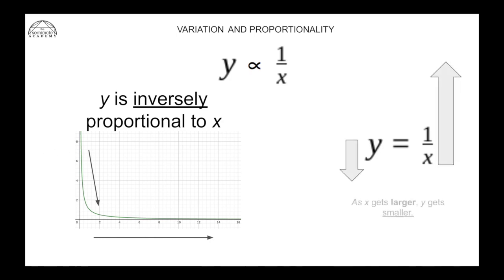So an inversely proportional relationship is one where when one variable increases, the other variable will actually decrease. When one gets larger, the other one gets smaller. So we have these two types of proportions that we have to remember: directly proportional and inversely proportional.